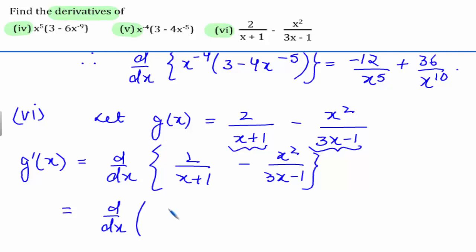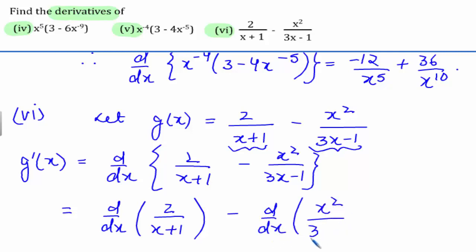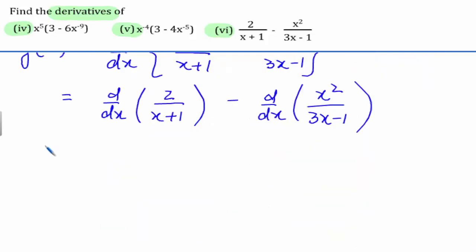Now this is equal to, now applying the quotient rule, we have x plus 1 into derivative of the constant function minus the constant function into the derivative of x plus 1, whole divided by x plus 1 whole square.